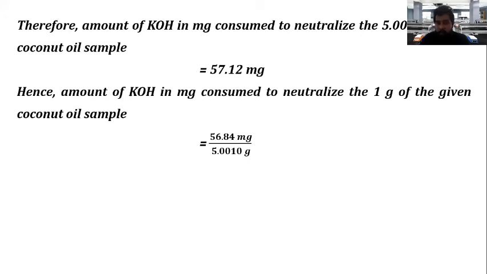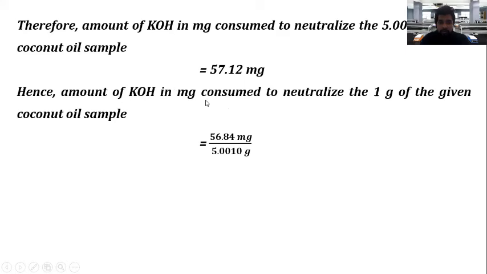According to the definition, acid value is defined as the amount of KOH in milligrams that is required to neutralize 1 gram of oil. So in order to get the amount of KOH required to neutralize 1 gram of oil, we have to divide it by 5. Okay, this should be 57.12.